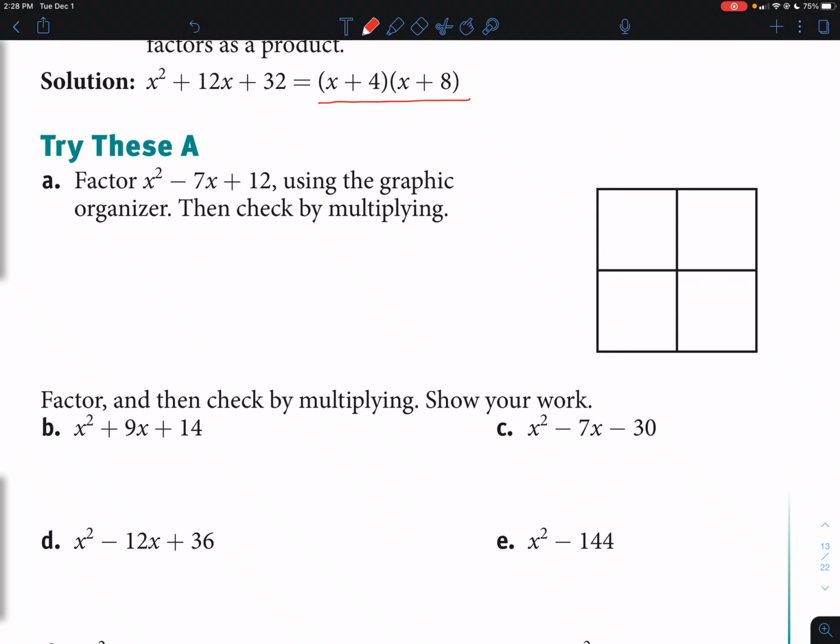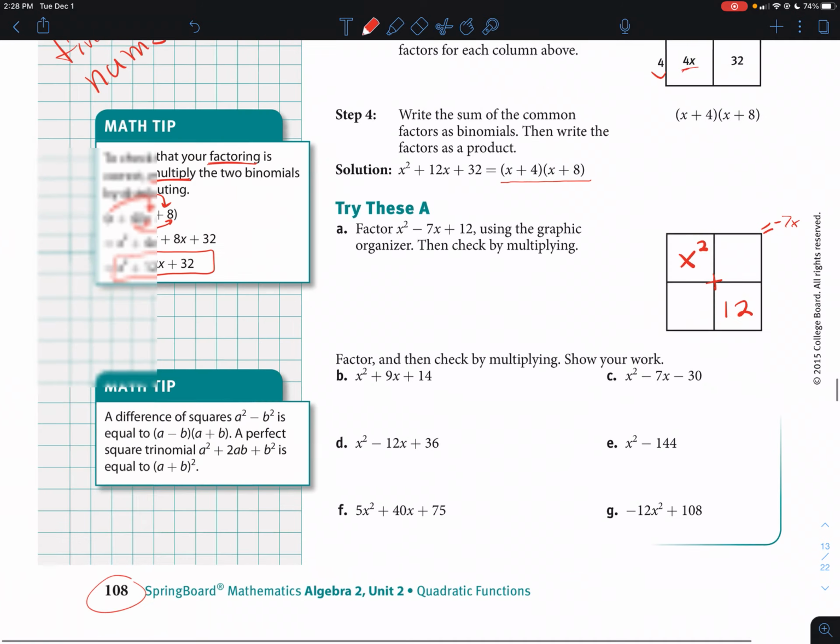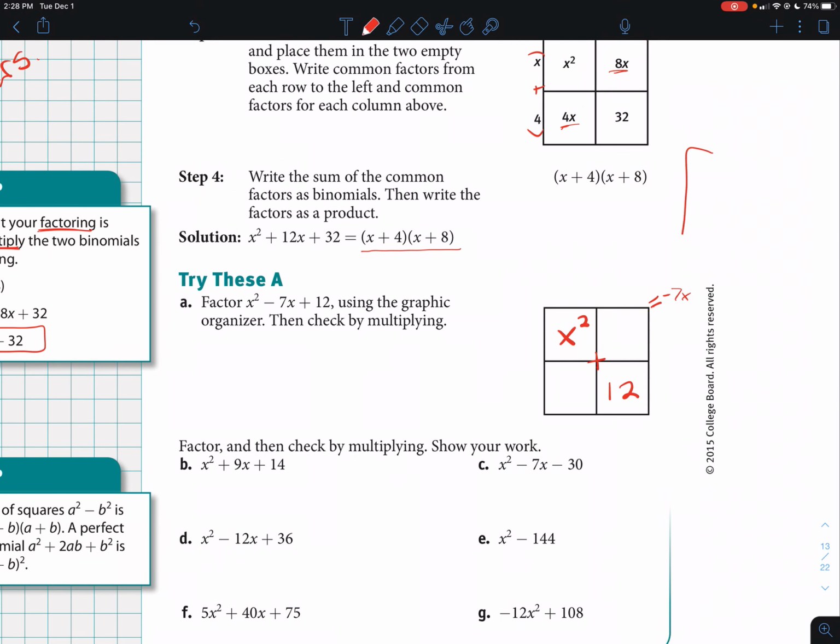Okay, so just to recap, to set up our box here, the quadratic term goes here, the constant term goes here, and then those two in the middle, those two diagonal, should add up to equal the middle term, the b. So basically it goes like this.